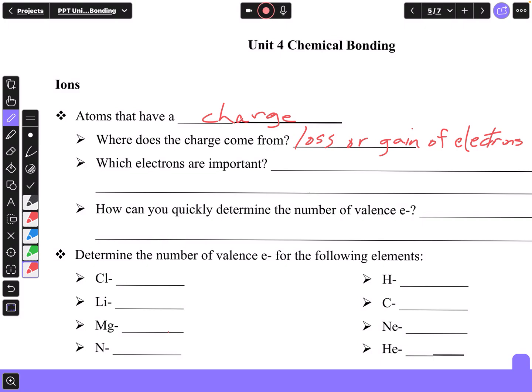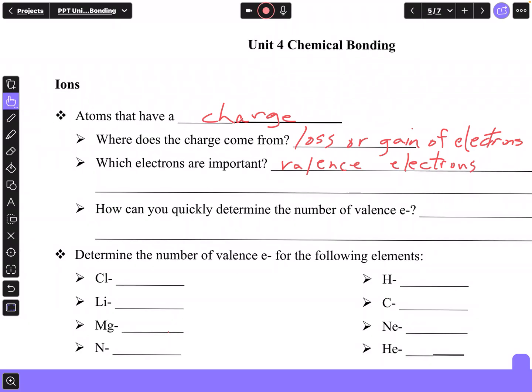Now, which electrons are important? We're talking about the valence electrons, the ones in the outermost energy level. And how can you quickly determine the number of valence electrons?